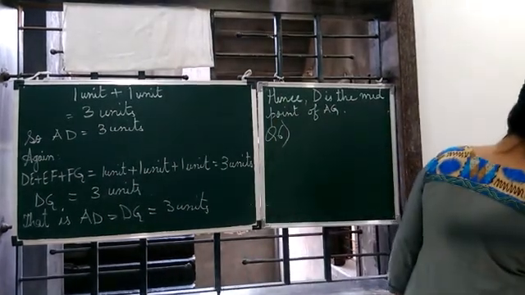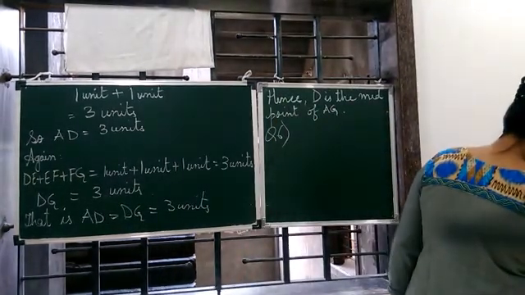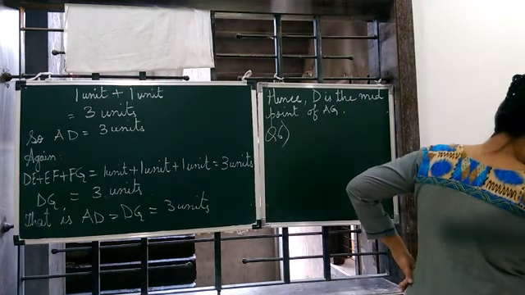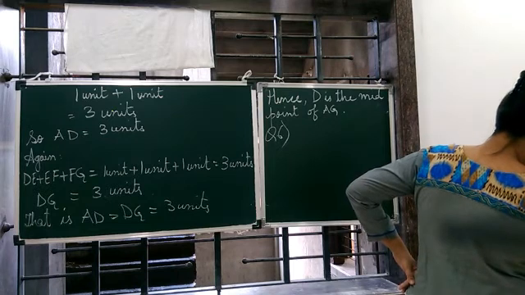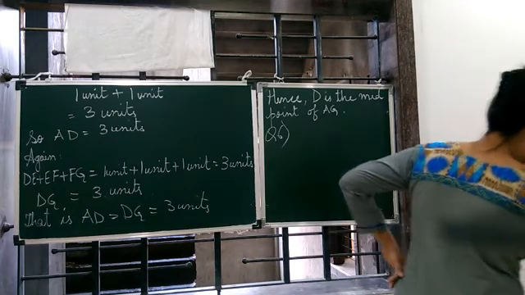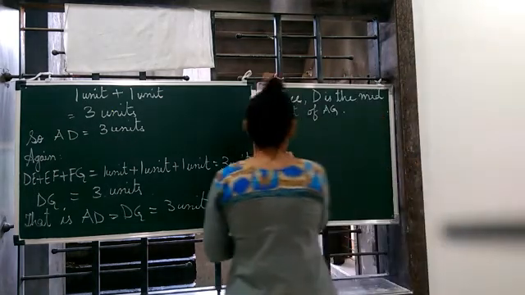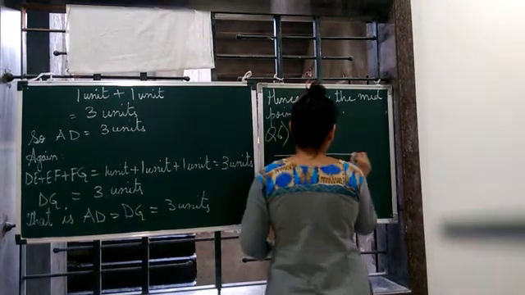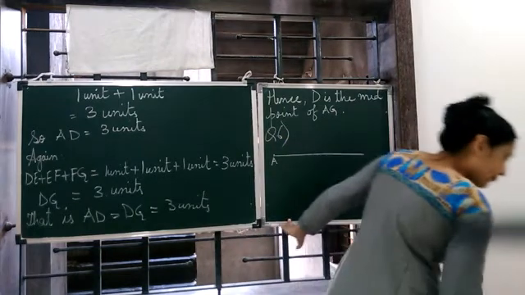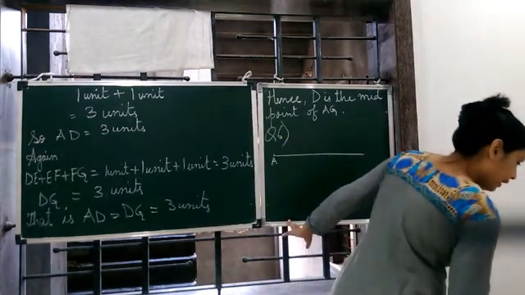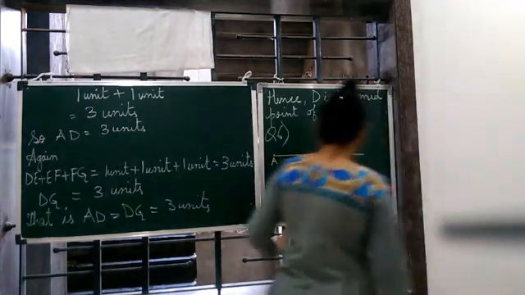Question number 6. If B is the midpoint of AC and C is the midpoint of BD. There is no diagram, we have to make a diagram. So here we make a diagram in which B is the midpoint of AC.